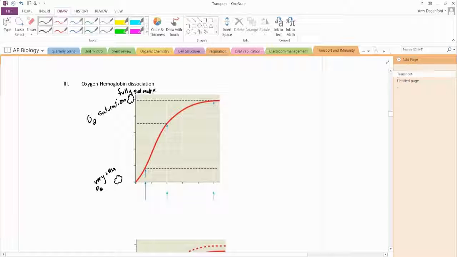Now, the way to understand this is that this is a measure of the affinity of hemoglobin for oxygen. So this is the hemoglobin affinity for oxygen. We understand what affinity means.